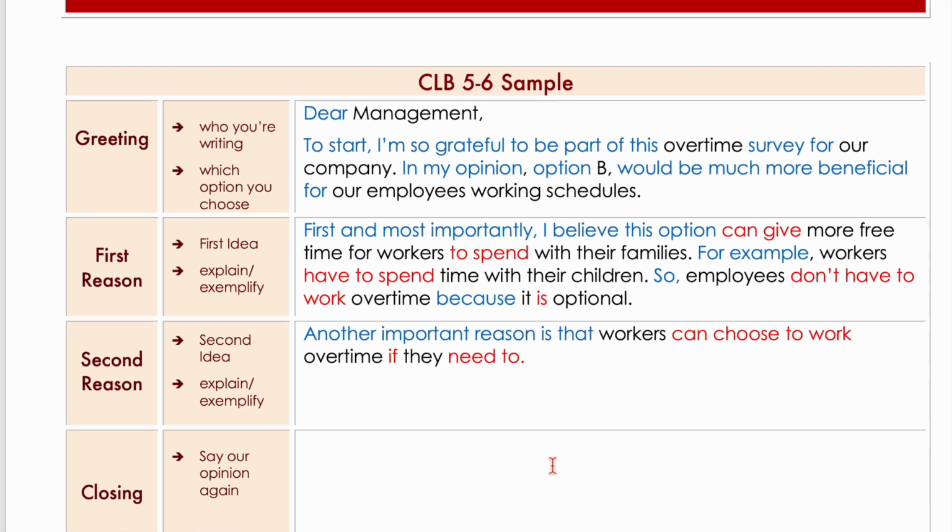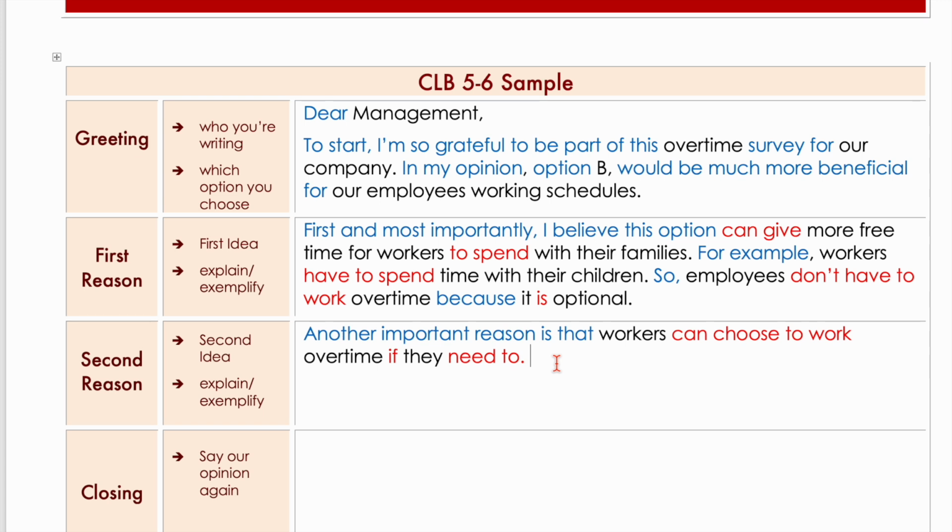So they can choose to work, can choose. Okay, if they need to. If they need to. So we're using an if clause here. If clause. If they need to.